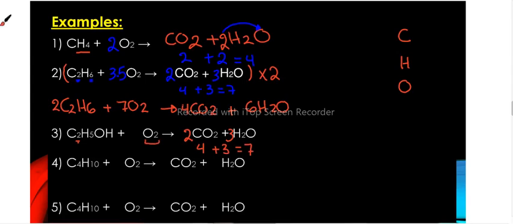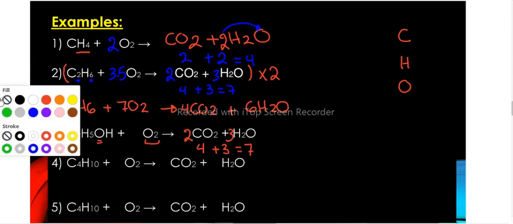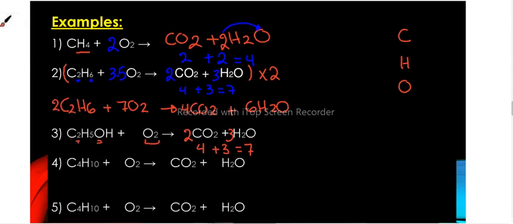Here you have 2 oxygens, but you have here another 1. So you need to start thinking as 1 plus what will equal the number that you need. So 1 plus a question mark in order to become a 7. So definitely you need a 6. So it is 3. Since 3 times 2 it's a 6 and 6 plus 1 it's equal to 7.